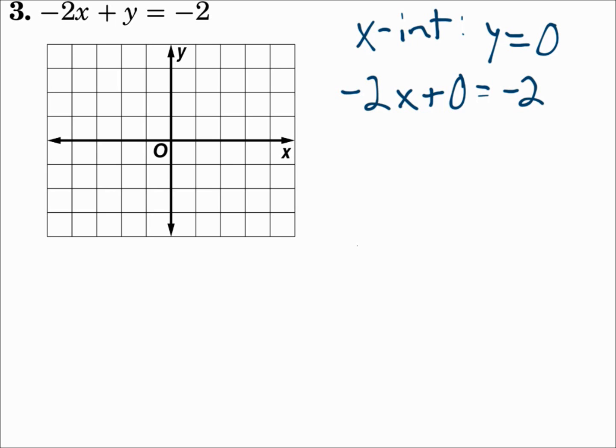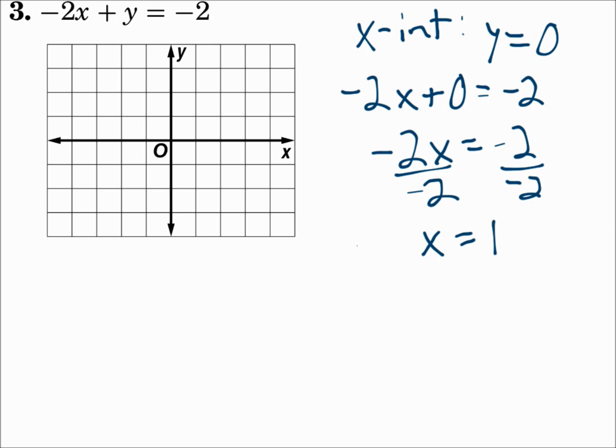Negative 2x plus 0 is just negative 2x, so you have to divide by the negative 2, since it's negative 2 times x. So divide both sides by that, and x is 1. So the x-intercept is 1, the point 1, 0. When y is 0, x is 1.